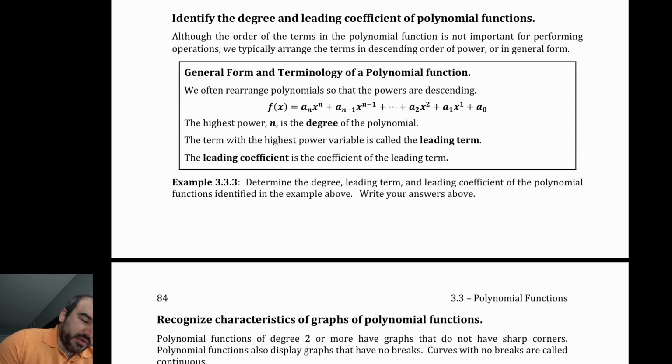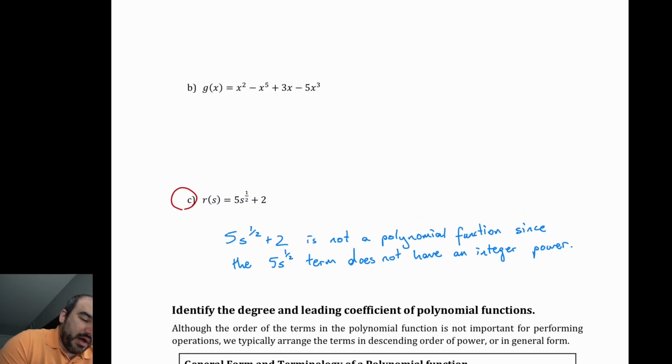All right, next thing we're going to identify is a couple of vocab terms, the degree and the leading term and the leading coefficient. Those are three things we're going to define here and talk about. When we talk about general form, we talk about these exponents decreasing, so going down from left to right. So we usually put polynomials into this descending power order. So if we were to rewrite this polynomial up here in part B in general form, I would find the term with the biggest exponent and put that first, which is the exponent of 5.